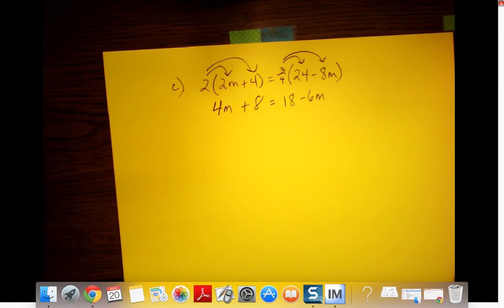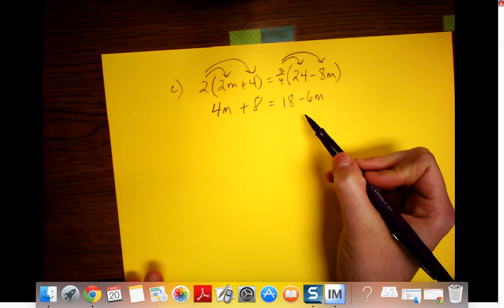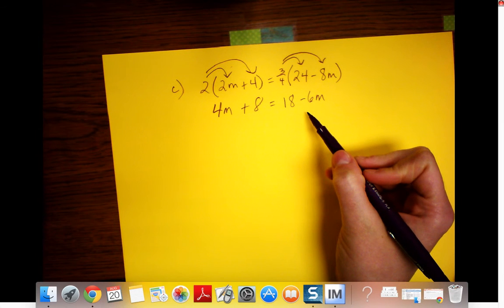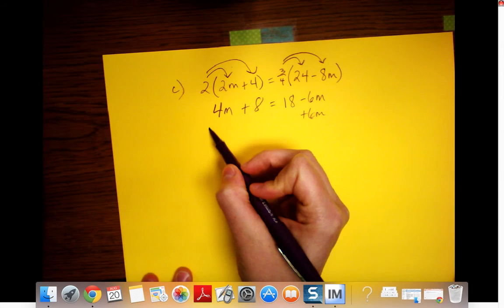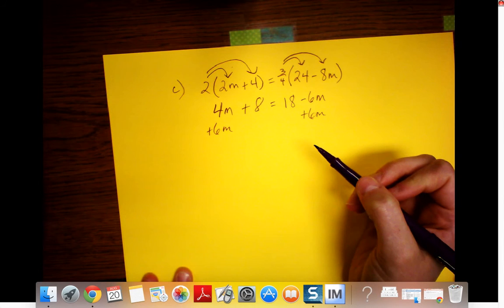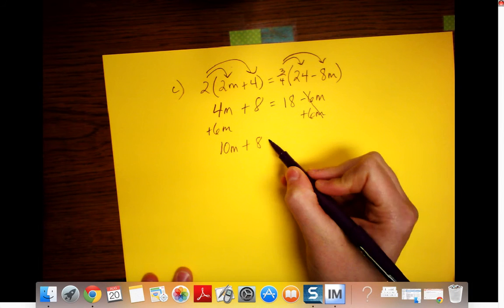All right? So do you remember what happens when you have variables on the opposite sides of the equal sign? We are going to do the opposite operation to bring them together. So if at all possible, you would like your variable, that variable term, to be positive. So I'm going to add 6m to both sides first. So I can have a positive 10m over here on the left.